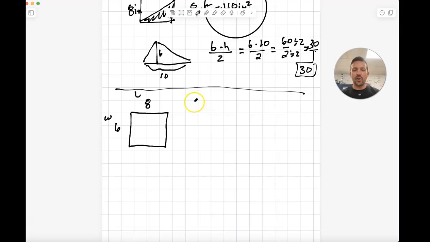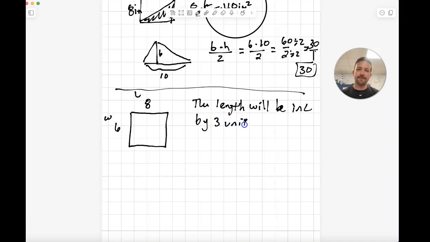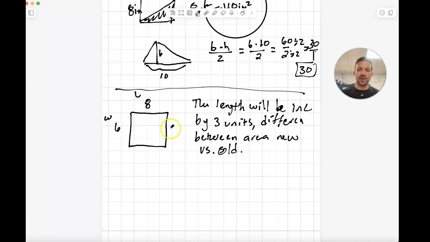And they say the length will be increased by 3 units. And then it'll ask something like maybe, what is the difference between the area of the new versus the old one? Yeah?